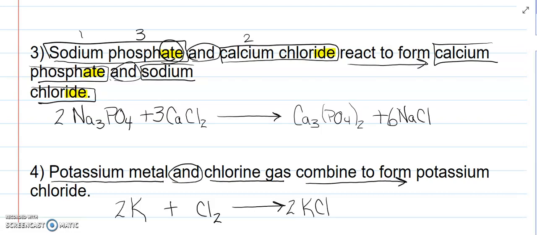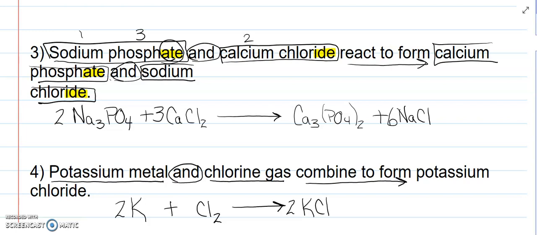How did you do? Again, when I'm writing a compound, it is really important that I pay attention to the charges and to the endings. So I have sodium phosphate and calcium chloride. And then always really, really important that you're making sure that you balance the equation at the end of the problem.